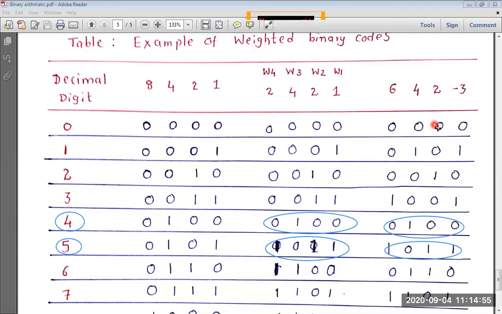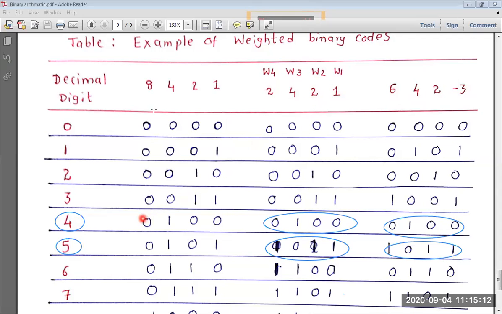It is true for every number in 642 minus 3. So this code is self complementary, and this one is also self complementary.